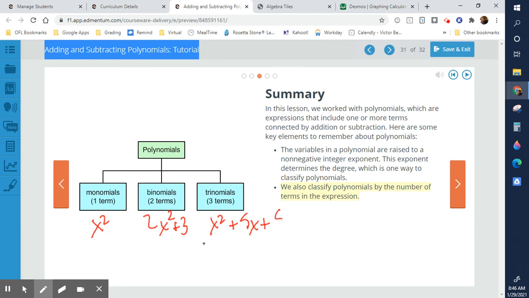So all of these are quadratic functions. Sorry, I wasn't sure what number to put there, so I kind of froze. I was like, I don't want to keep writing 5. But this is a monomial quadratic, this is a binomial quadratic, and this is a trinomial quadratic.